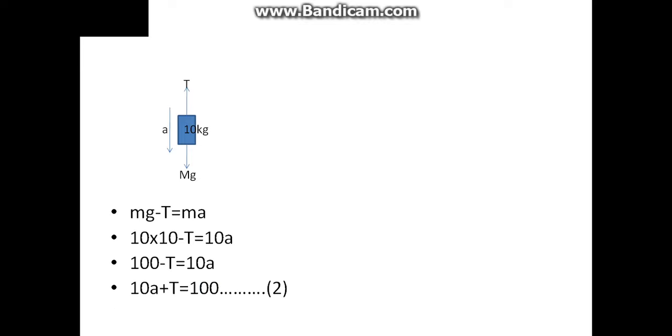So 100 minus T is equal to 10a. Putting the unknown values on one side and the known values on the other side, we have 10a plus T is equal to 100. This will be our equation 2.